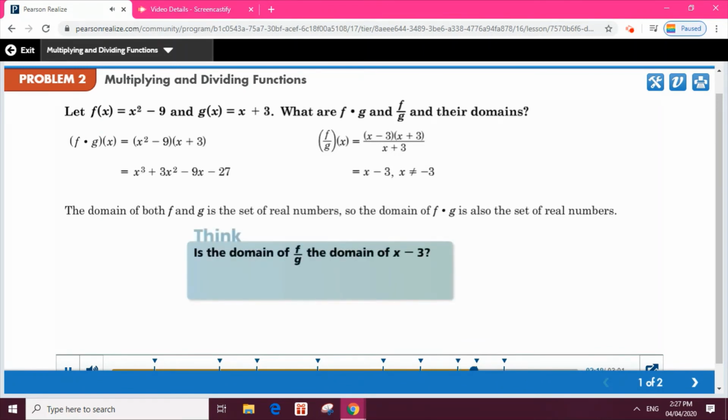Is the domain of f divided by g the domain of x minus 3? No. The fraction can only be simplified, and the function is only defined when g of x is not equal to 0.